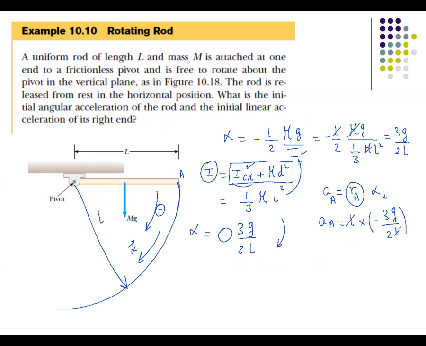L and L cancel, and we get finally a of the point A equals minus 3G over 2.